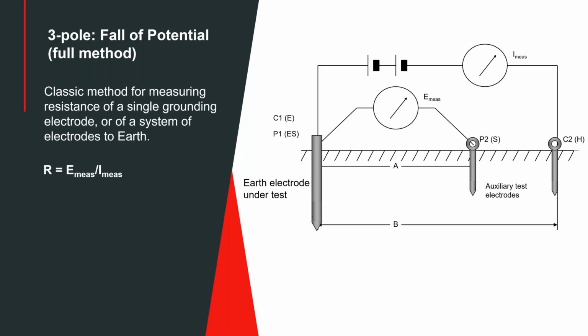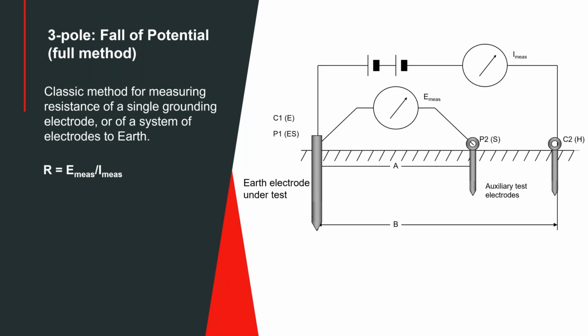But what we're showing you here is if you had a three-pole tester, you would hook your common to your ground that you're testing. Then you would take your current terminal and you would run a long lead and a probe out into the soil. That sets up your test current. When you energize your tester, that puts your test current through the soil.